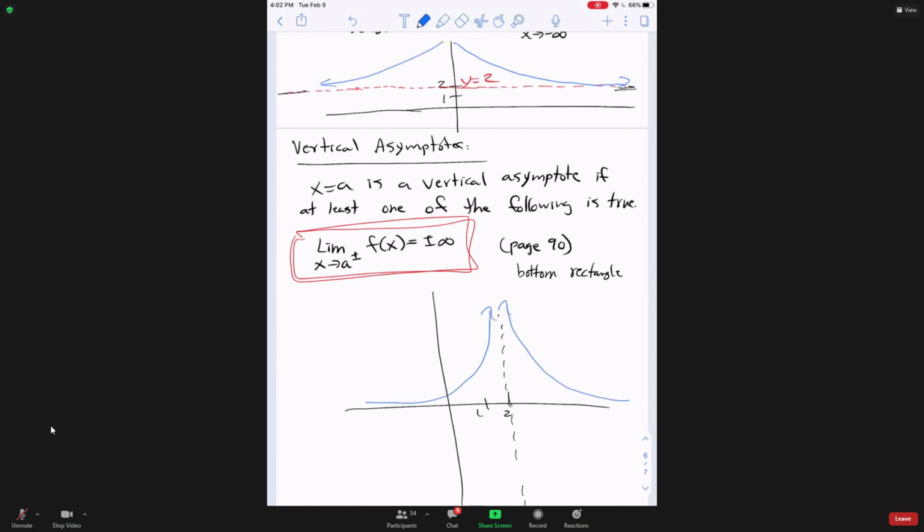Or just the limit in general is going to infinity, which of course means both. Or maybe from the left side it's going towards negative infinity, or from the right side it's going towards negative infinity, or in general, which means both. So that's another 3 cases. That's why they wrote it out 6 times with a slight variation. If any one of those happens, then it makes a vertical asymptote. So I hope you don't mind me not writing that 6 times. It's page 90 on the bottom if you want to see it written out 6 times.